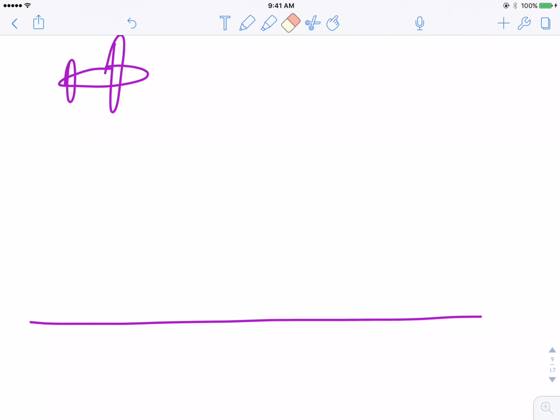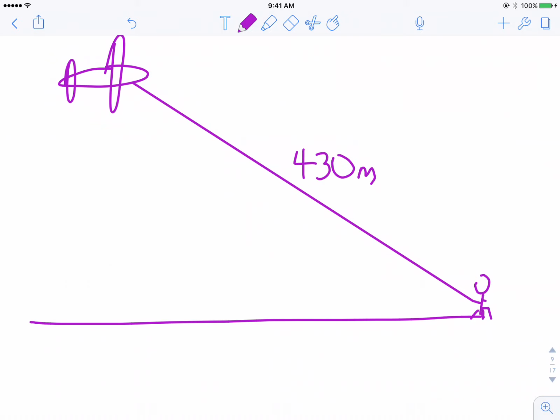Whoops, it's a bad stick man. Sitting on his dock. Okay. He's looking at a plane that they say is 430 meters away from him. At a certain point where this plane was, I think it said 300 meters above the ground.